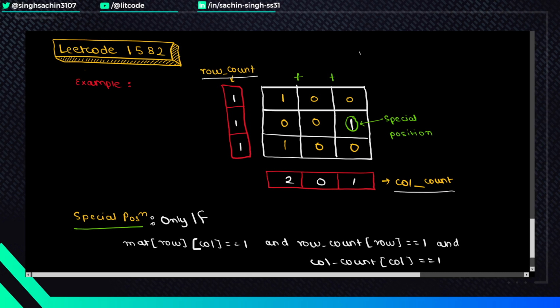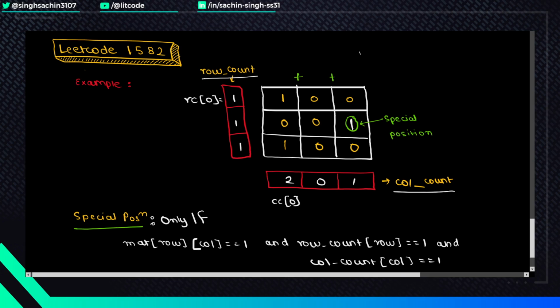In row count, I'm just summing up all the elements, basically ones and zeros, for each particular row. For example, row count at 0 represents the sum of all the elements in row 0. Similarly, column count at index 0 represents the sum of all the elements in column 0.